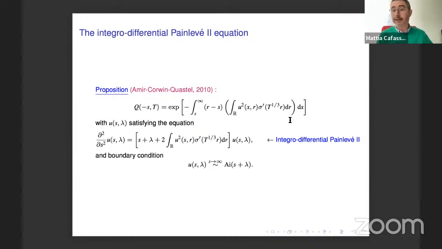And this formula is the classical Tracy-Widom formula, giving their distribution in terms of Painlevé 2 transcendents. And of course, we also need boundary conditions to fix this function u uniquely.